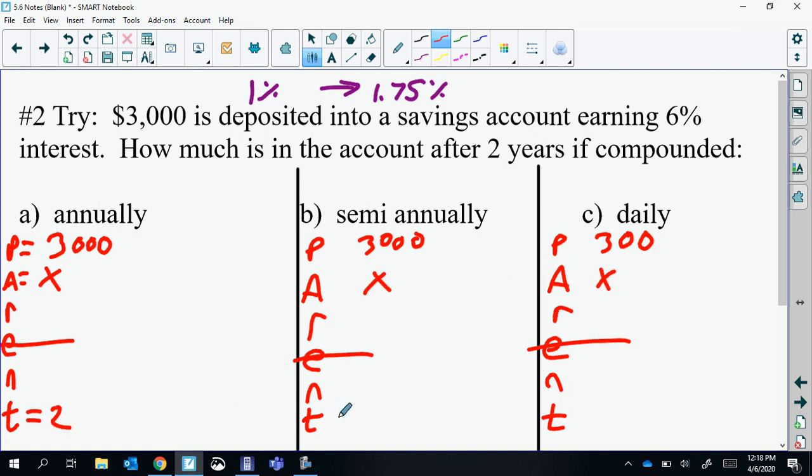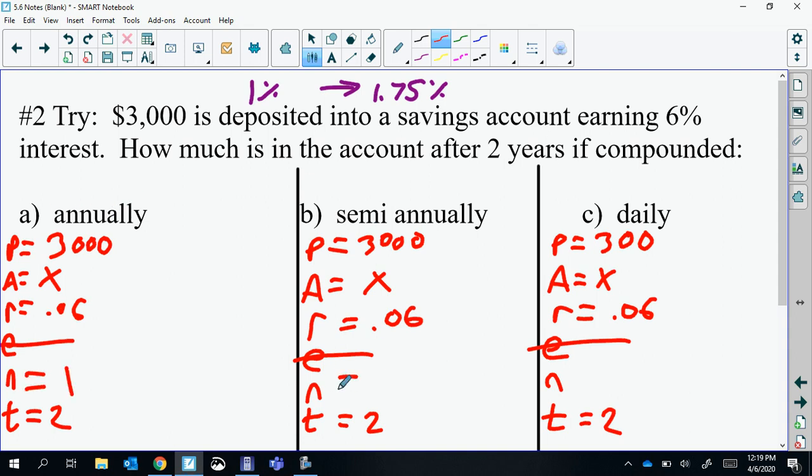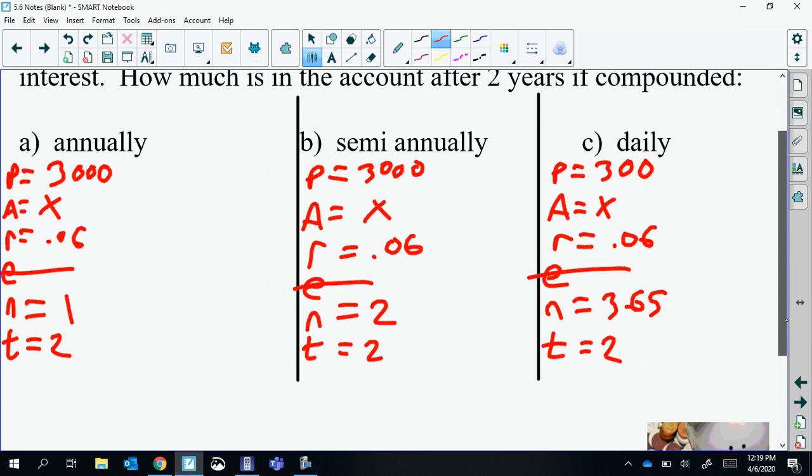After 2 years, and all of them have the same interest rate of 6%, so 0.06. And then N changes based off of these words here. Annually means N equals 1. Semi-annually means N equals 2. And daily means N equals 365. So we talked about this on the last problems, but now we'll see it again.